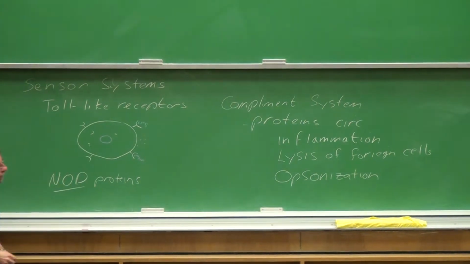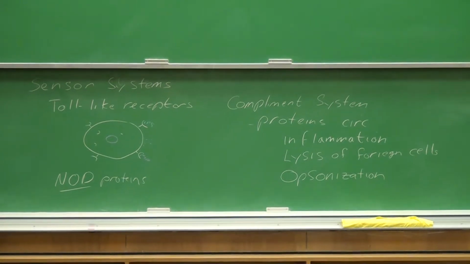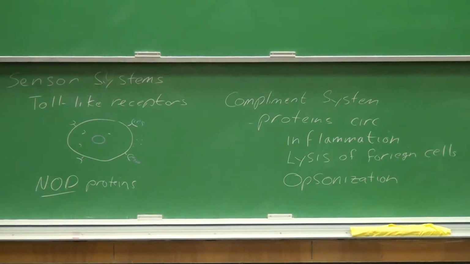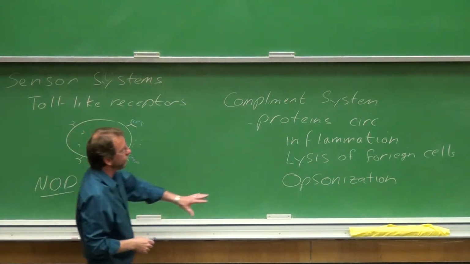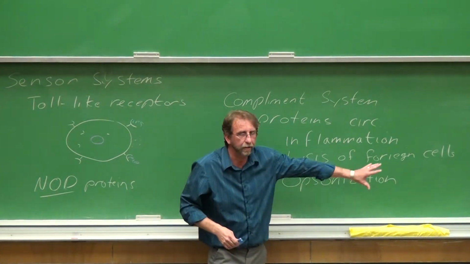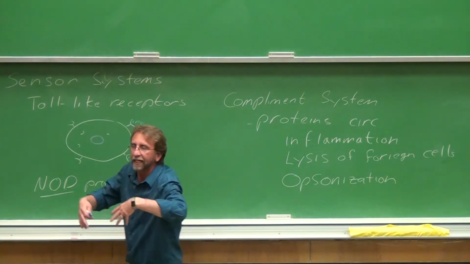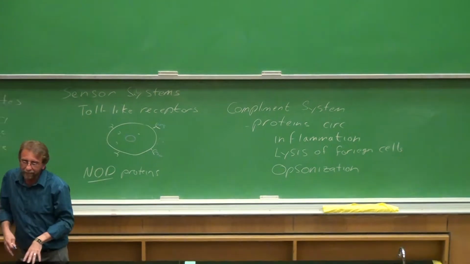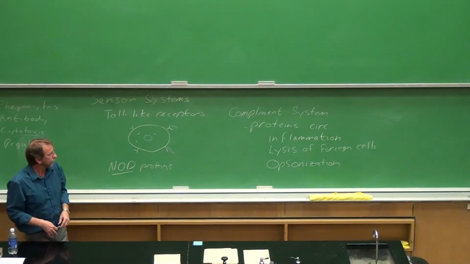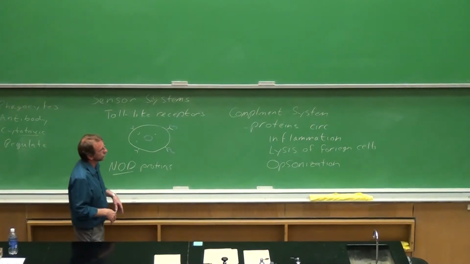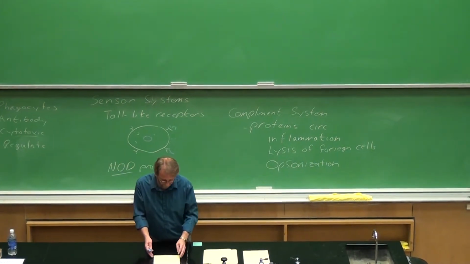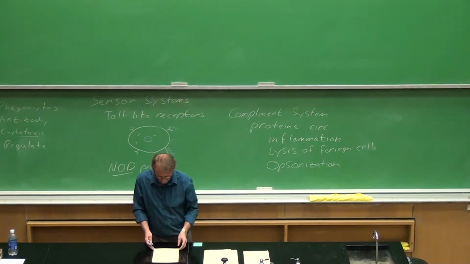Opsonization. This is a process by which the bacteria become coated with complement proteins. So what happens now is that the bacteria are coated with complement proteins, and then the macrophages can recognize the complement, engulf the bacteria, remove it from the circulatory system, or the tissues, or wherever it might be.